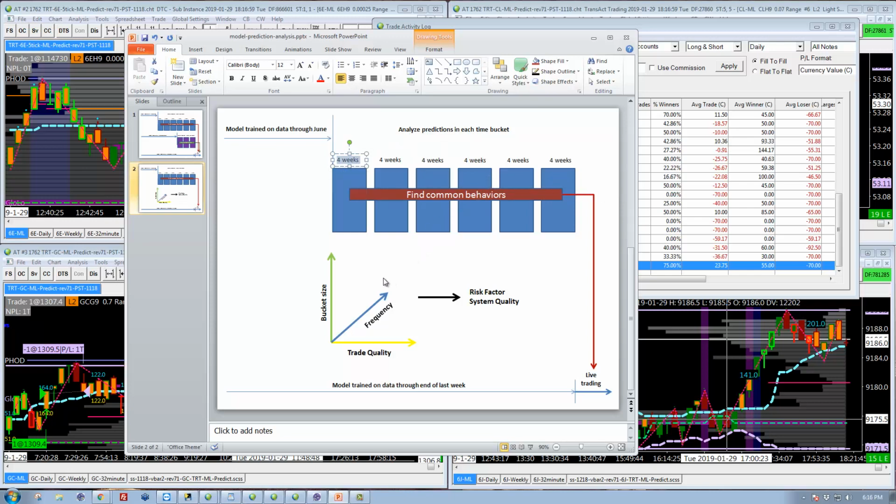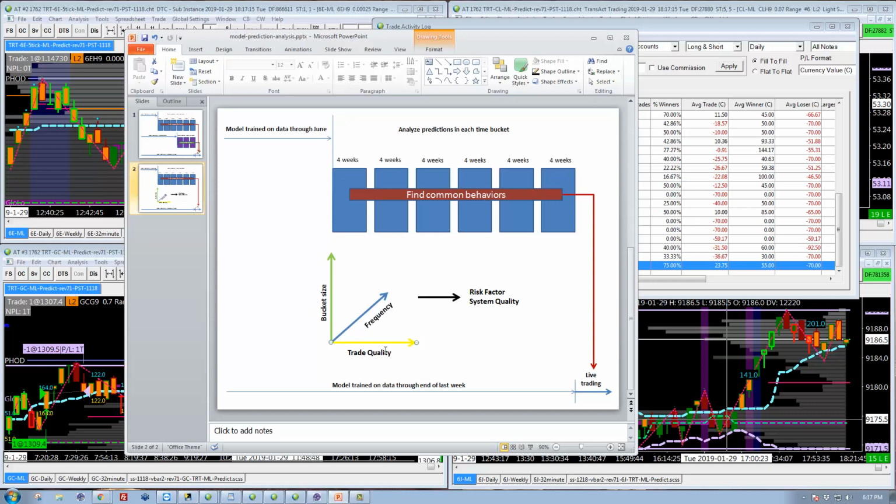It also allows me to change what I call the trade quality, or what you've heard me call before the efficiency ratio. It's the profitability versus how many trades it took to achieve that profitability.